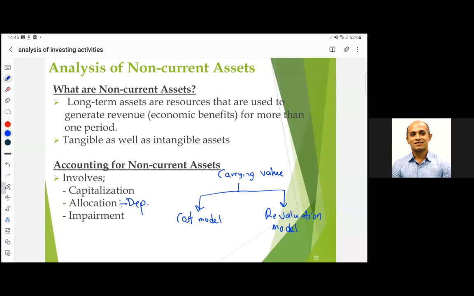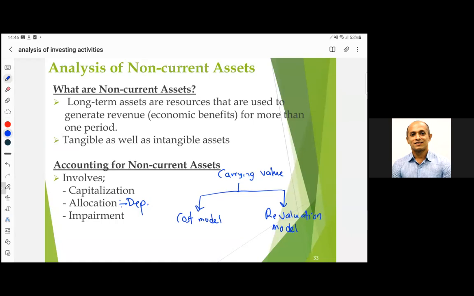Then there can be impairment. According to LKS 16, you have to find the indications of impairment. When there are indications of impairment, you have to estimate the recoverable amount of the asset. The standard says how to calculate the recoverable amount.